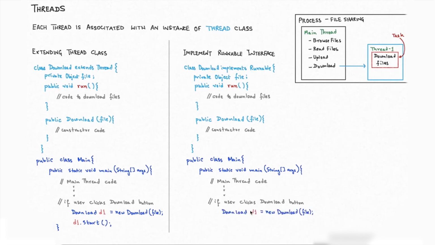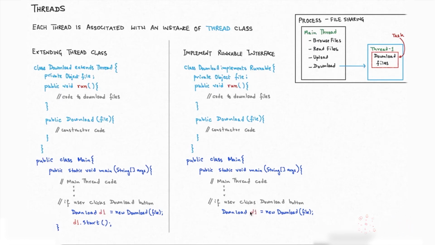But here is the key difference. When we created the instance of the download class here, the download class itself was a child of the thread class. So we could treat D1 as a thread itself. Here, the download class is not a thread because it does not extend the thread class. So we cannot start D1.